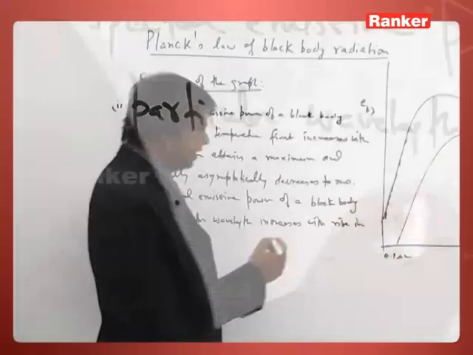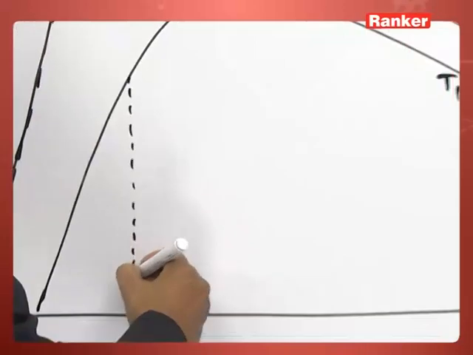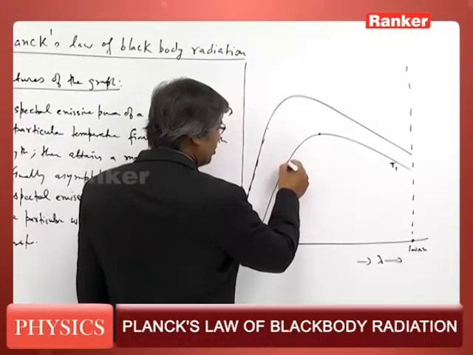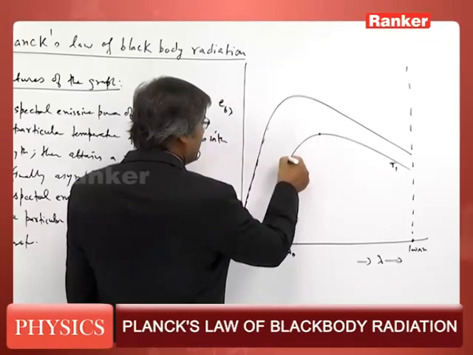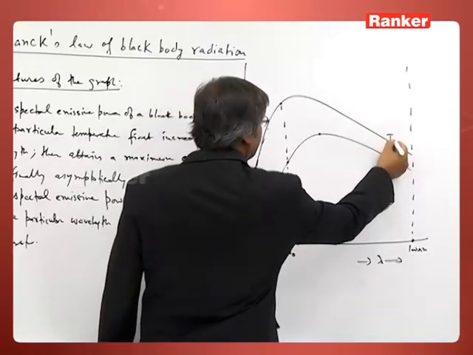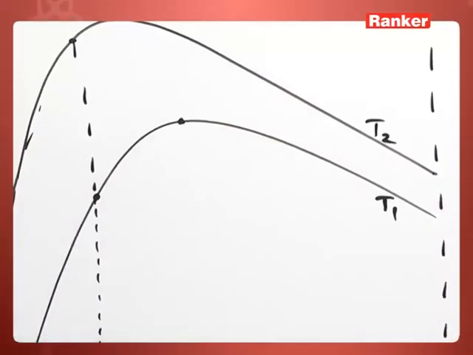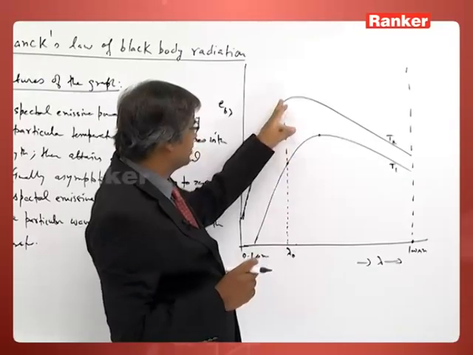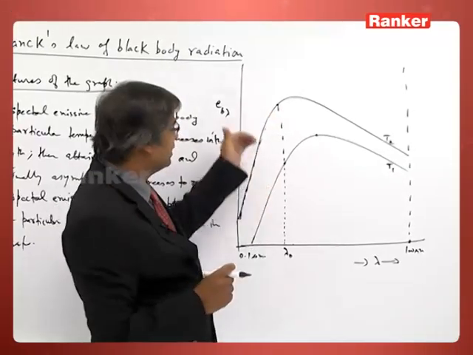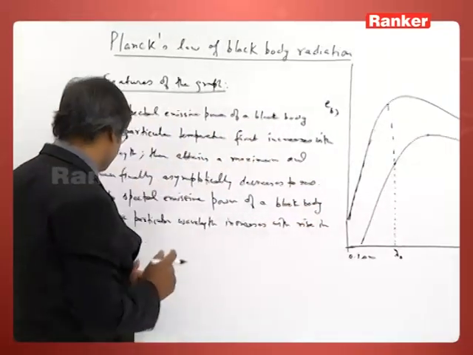So, in order to illustrate this, I take a particular wavelength. So, this is the particular wavelength lambda naught. So, this is the emissive power, and this increases to this value when the temperature is increased from T1 to T2. So, when the temperature is increased at a particular wavelength, the monochromatic or the spectral emissive power of a black body increases. This is the second conclusion.